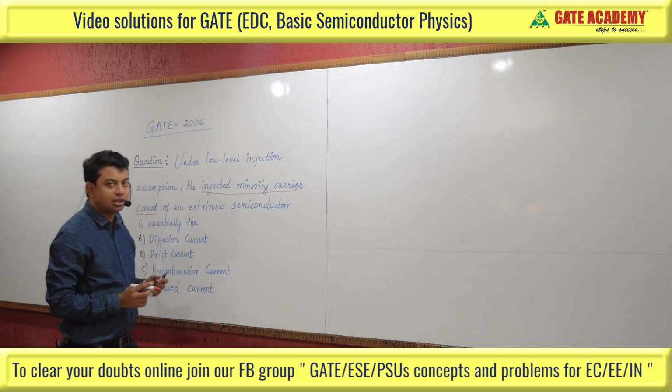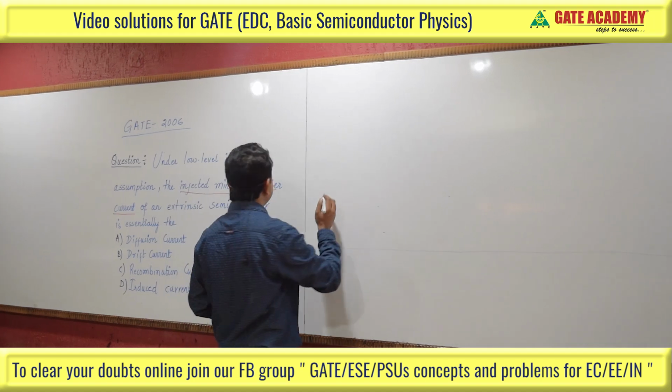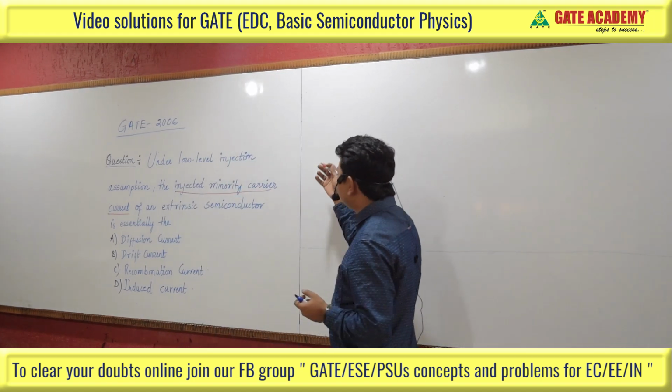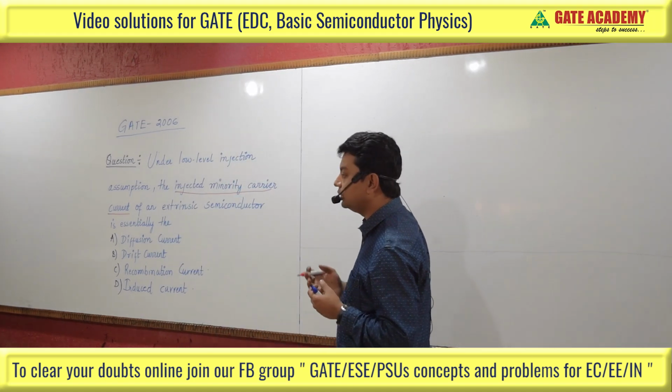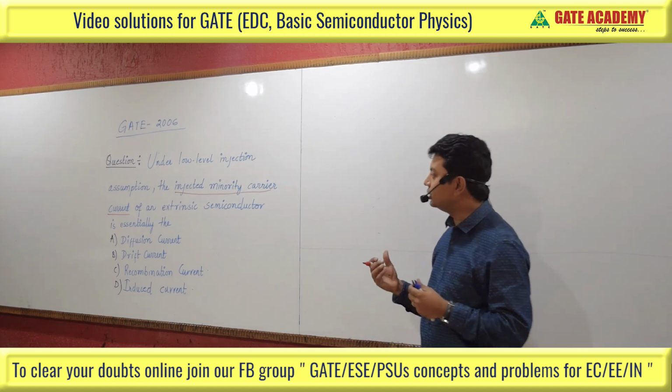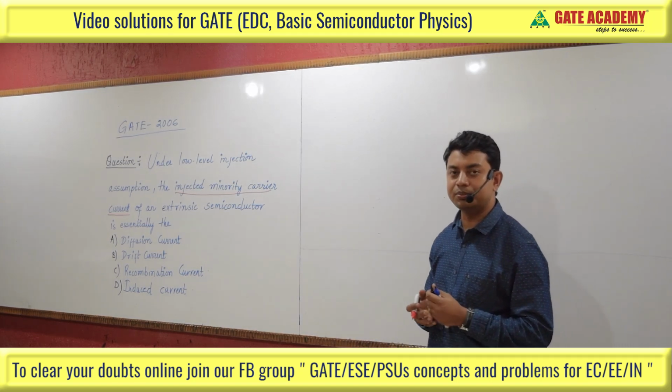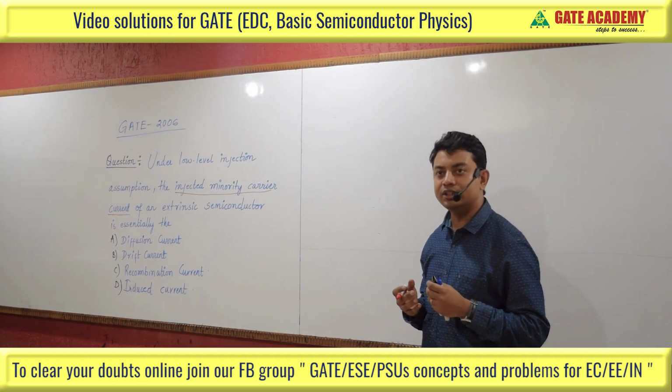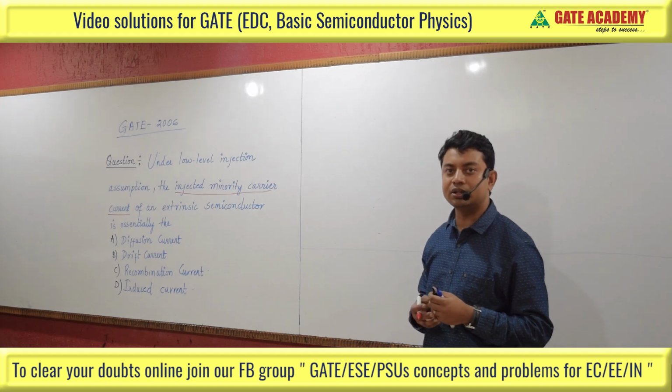Injected minority carrier current means the process in which the current is injected into an extrinsic semiconductor, and this injected current is nothing but the current due to minority charge carrier.